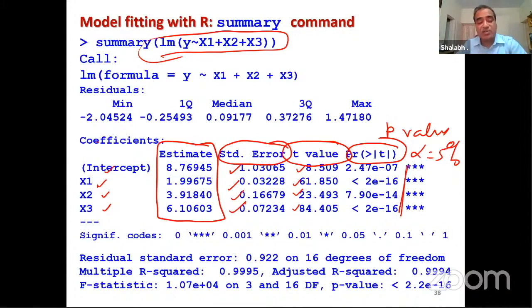So all the hypotheses, h naught beta naught equal to 0, h naught beta 1 equal to 0, h naught beta 2 equal to 0, h naught beta 3 equal to 0, are all rejected. That means all the variables which you have taken, x1, x2, x3, are important and should remain in the model. So this is how this part is now covered.